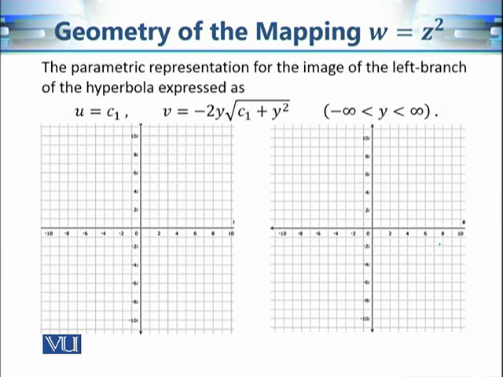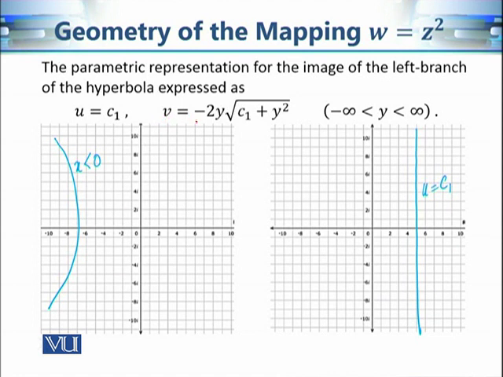Now let's see what will be the image of the second portion of the hyperbola. This is the portion where x is negative. This portion will also be mapped onto u = c1, which is of course a vertical line. Now let's see the effect of the value of v.